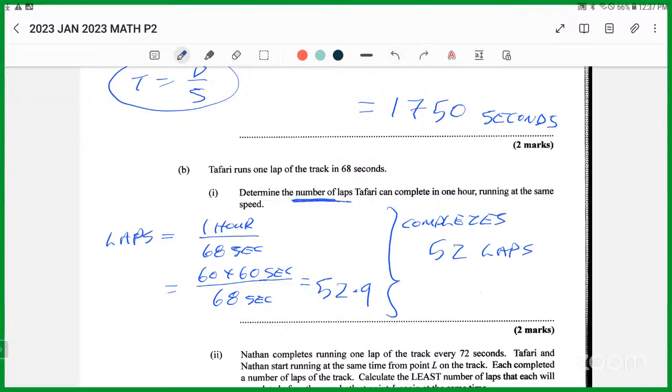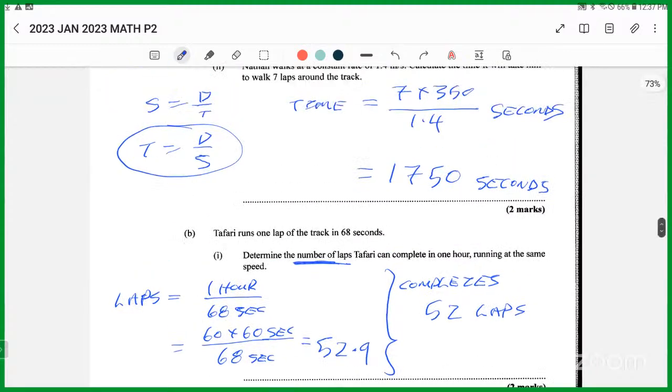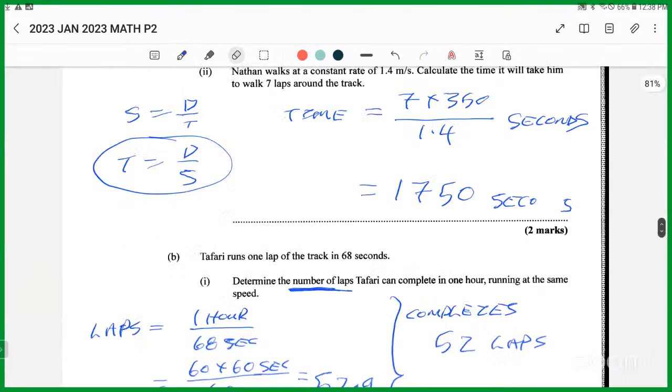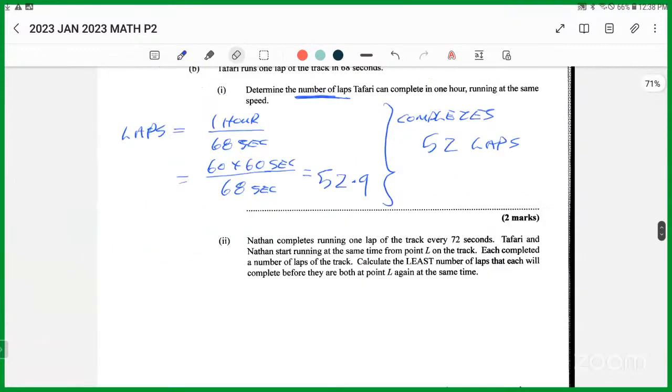If you work in minutes, you say minutes. If you work it out in hours, you say hours. But the question never says you must give it in a particular unit. Time can be expressed in seconds, in minutes, or in hours. All right, good.